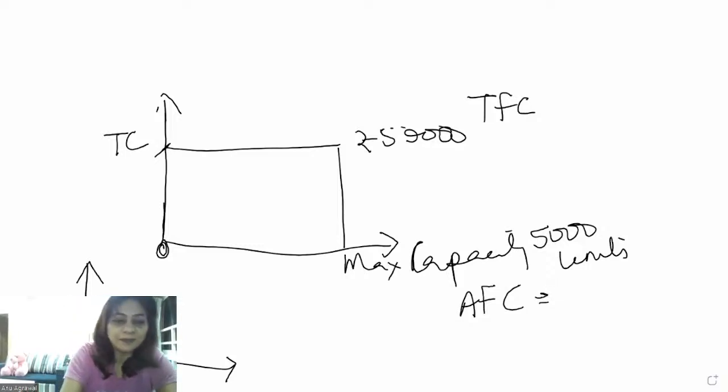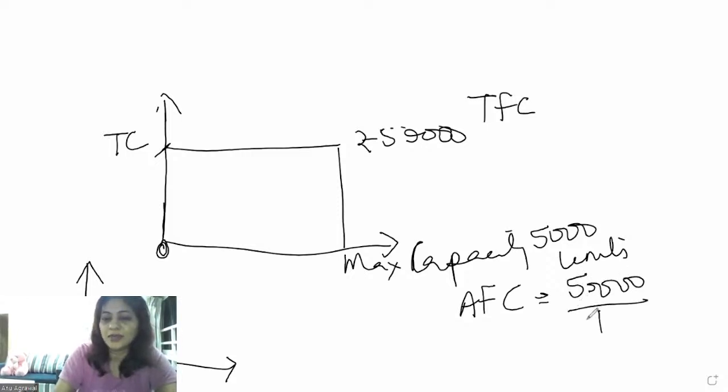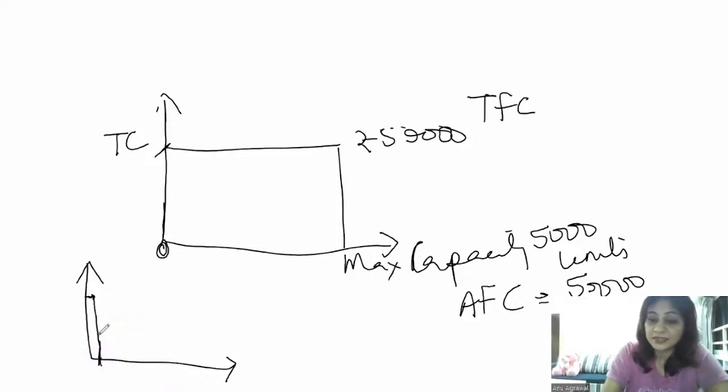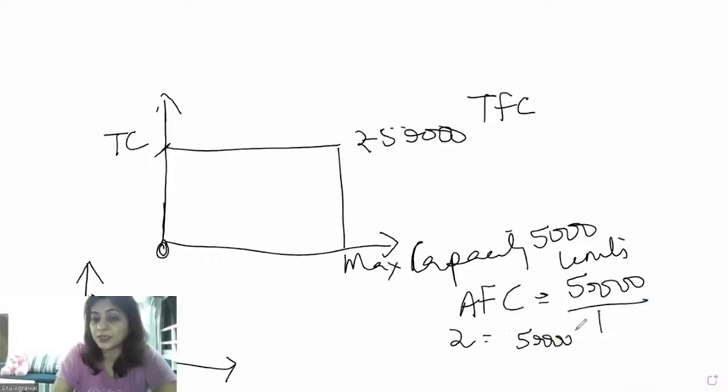For example, I produce 1 unit, 50,000 divided by 1. The cost is going to be 50,000 itself. Yes or no? It's going to be 50,000 only. 50,000 divided by 1. But say if I produce 2 units, then the average fixed cost will be how much per unit? 50,000 divided by 2, which is going to be 25,000.